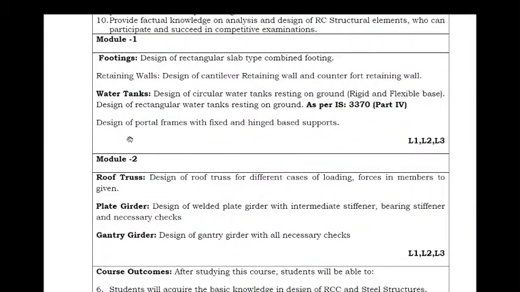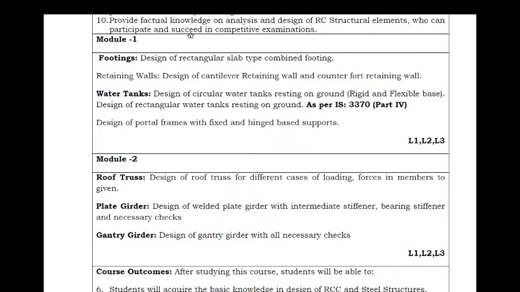One is module 1 and the second one is module 2. Module 1 deals with two types of design: footings and the water tanks. Module 2 deals with steel structure and has the design of roof truss, plate girder and gantry girder.